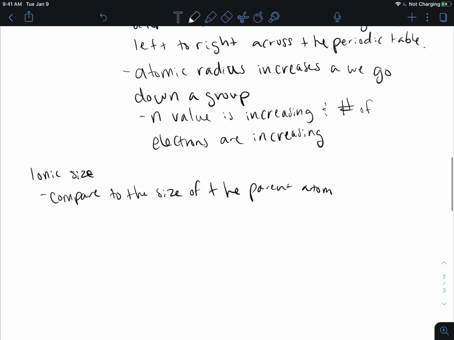And we're going to have our ionic size change based on if we were adding or subtracting an electron. So a cation loses electrons, or has fewer electrons than the parent atom.